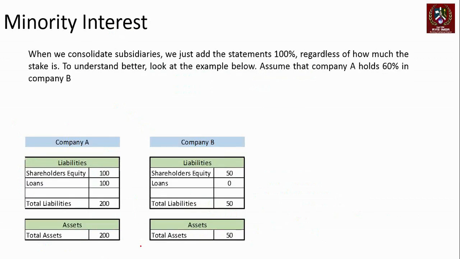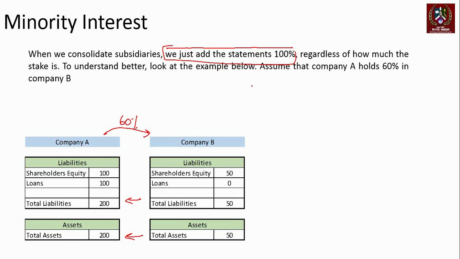So for example, assume that company A holds 60% in company B, right? Now, as per principles of consolidation, you just add the statements 100%, which is you'll add this to this, you'll add all P&L to P&L, you'll add all profits to profits, sales to sales, revenues to revenues, expenses to expenses. There is no pro rata adjustment there.